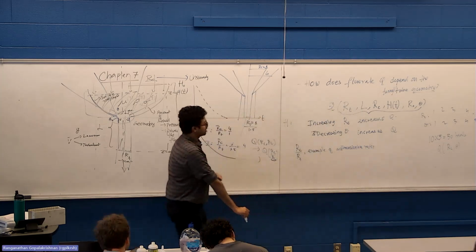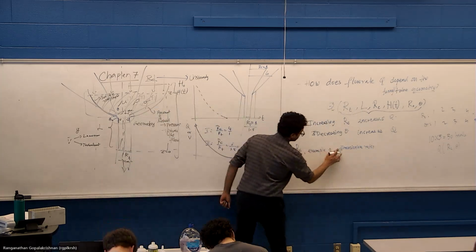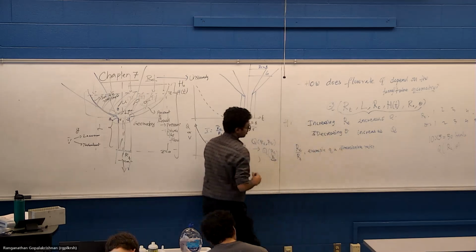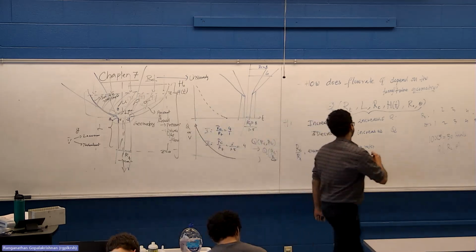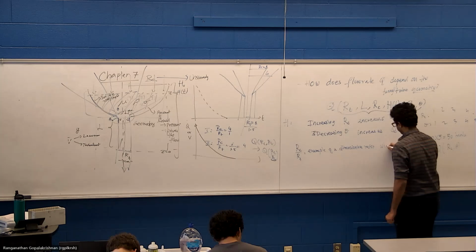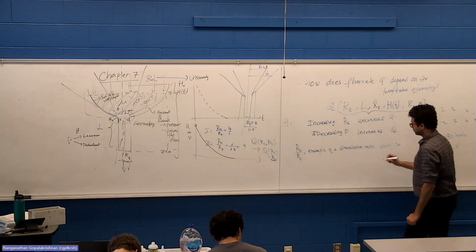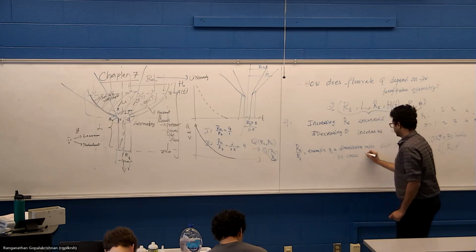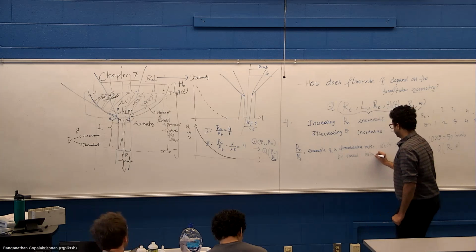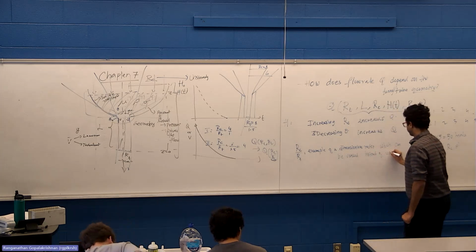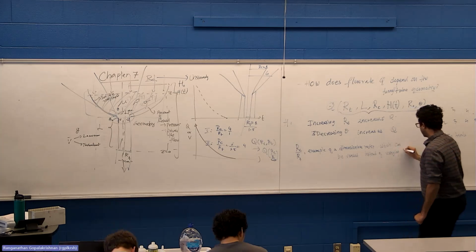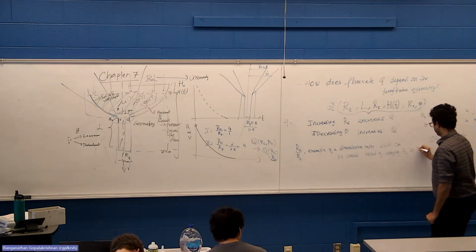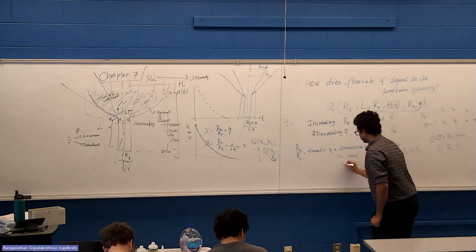Example of a dimensionless ratio, which can be varied instead of varying RC or RT separately.